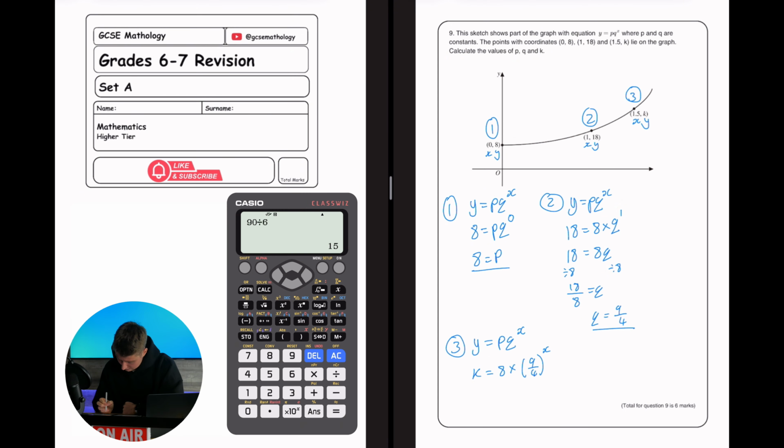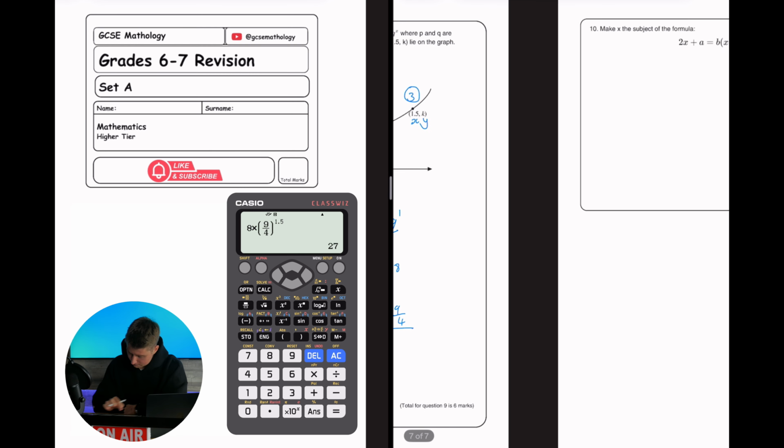We know that x in this case is 1.5. So if we type this into the calculator, we've got 8 times 9 over 4 to the power of 1.5. So this is equal to 27. So p is 8, q is 9 over 4, and k is 27.